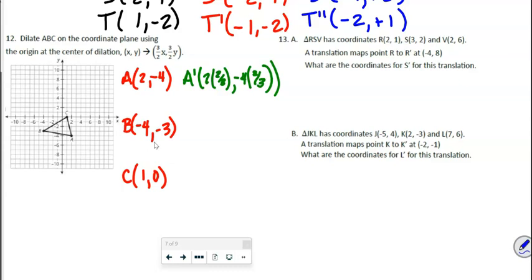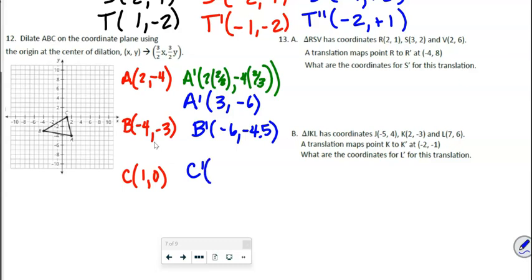So A prime is going to be 3 comma negative 6. Wow, I can't write today. And go ahead and do it with the other ones, okay? And then come back to me. B prime is going to be negative 6 comma negative 4.5. And C prime is going to be 1.5 comma 0. Because 0 times anything is 0, okay?